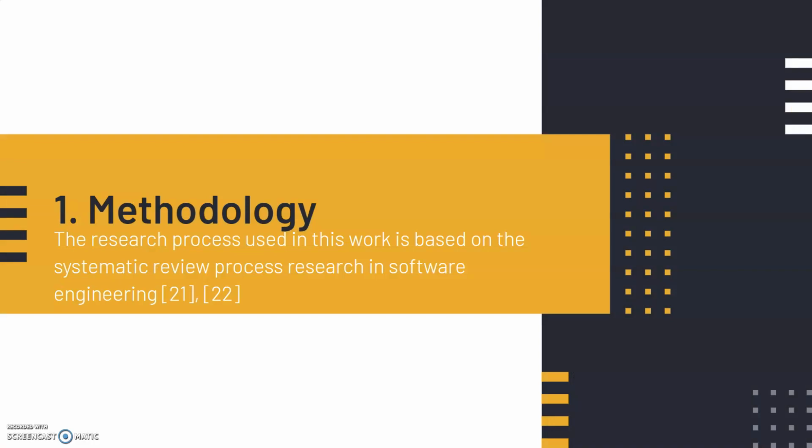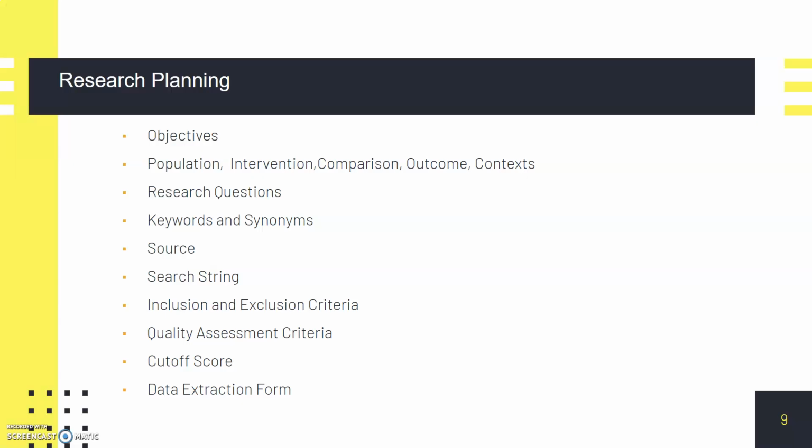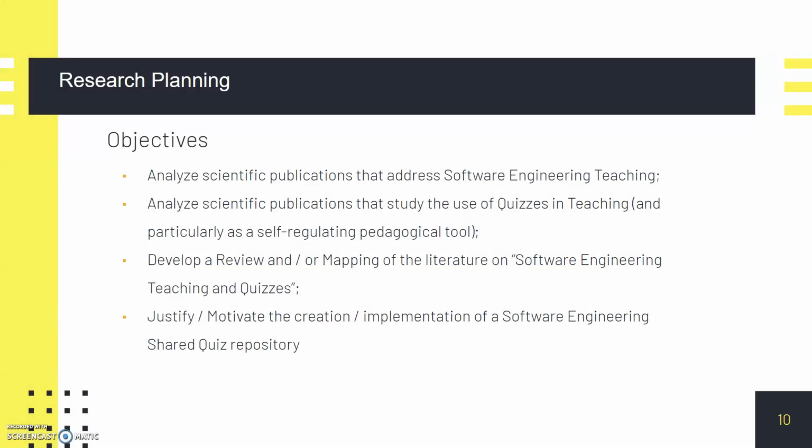So we conducted a systematic review, and this is an overview of our process. We will simply focus on certain aspects of this. One such aspect is our definition of our objectives, where we defined our objectives as: 1. Analyze scientific publications that address software engineering teaching. 2.